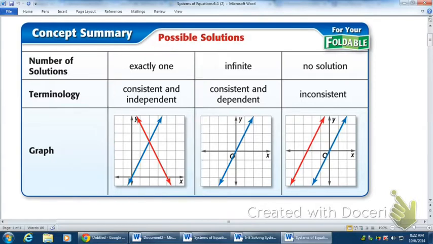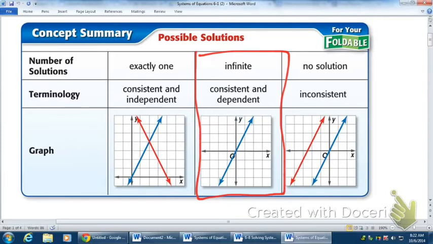Now, let's talk about the second one. Infinite. First of all, there's an infinite number of solutions, going on and on. Terminology: consistent and dependent. Now the graph, if you look at that, is just one line. A lot of the times they'll give you two equations and say solve, like get in y equals mx plus b form.